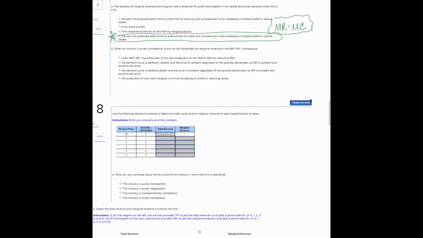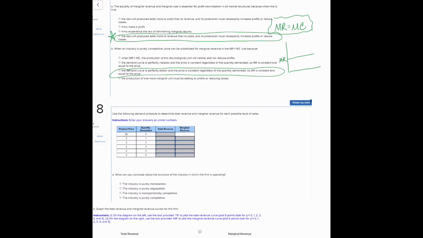B, when an industry is purely competitive, price can be substituted for marginal revenue in the MR equals MC rule because the demand curve is perfectly elastic and the price is constant regardless of the quantity demanded. So here's our correct answer. So when we draw the firm by itself, independent of the market, we would say that the marginal revenue curve is perfectly elastic.